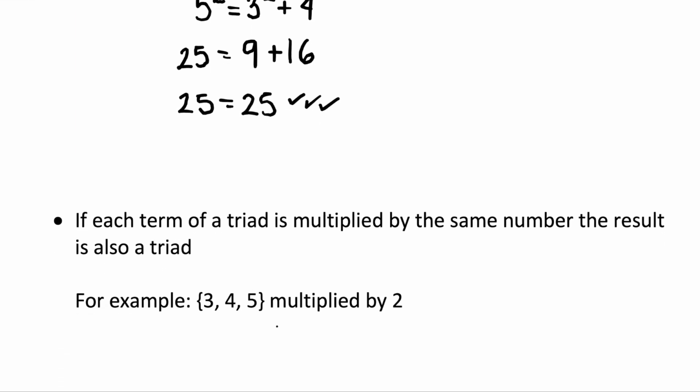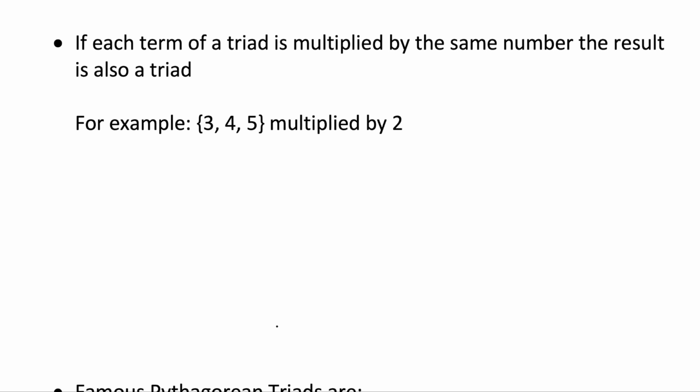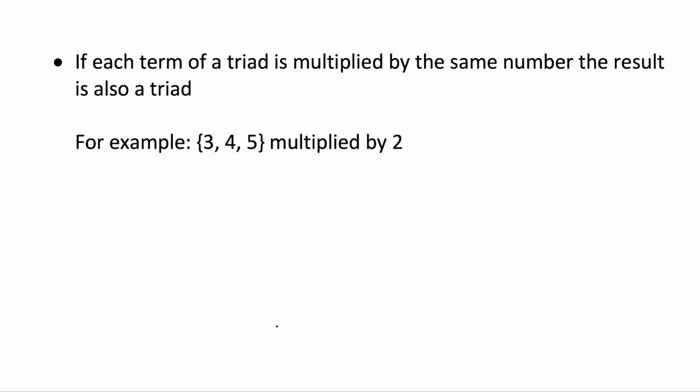Now, if each term of a triad is multiplied by the same number, the result is also a triad. So if I have the triad that we saw before, 3, 4, and 5, and we multiply by 2, what is my new triad? Multiplying each term by 2, this becomes 6, 8, and 10. Perfect. Let's verify that this one is a triad. Which one is the hypotenuse?